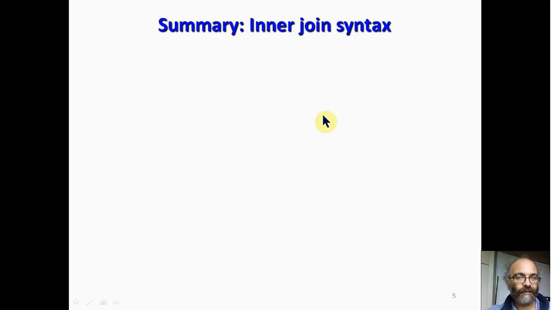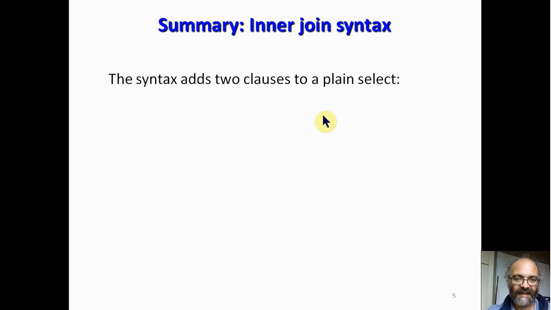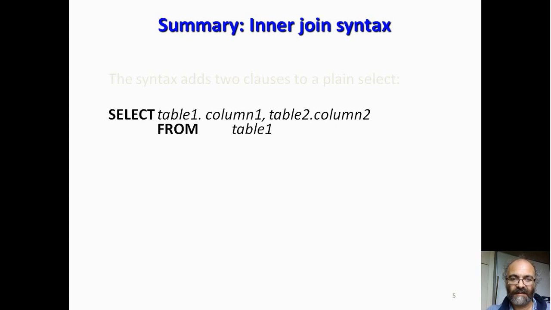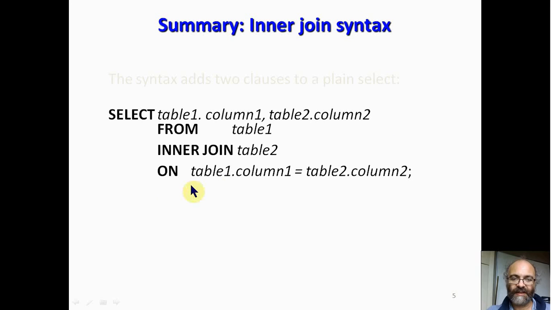Okay, so overall then, the inner join syntax adds two clauses to select. We say which tables in the plural our data is coming from by doing inner join, and how those tables are joined by using on and comparing a column in the first table to a column in the other one.